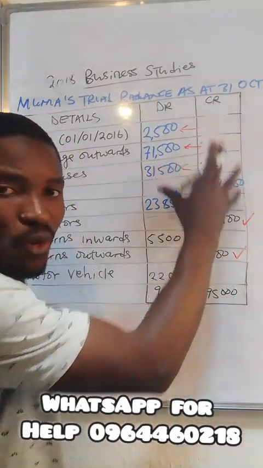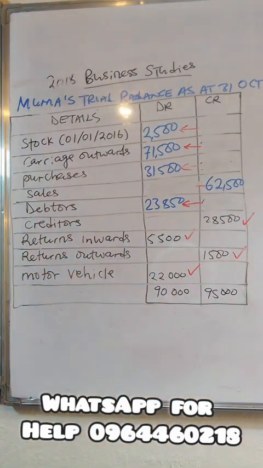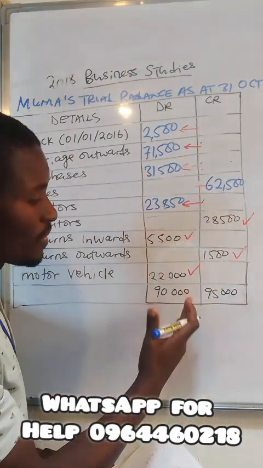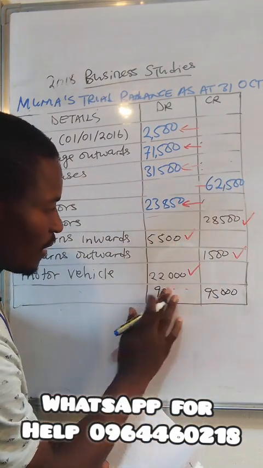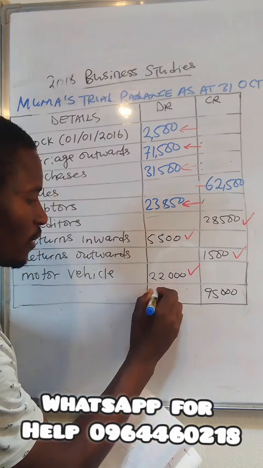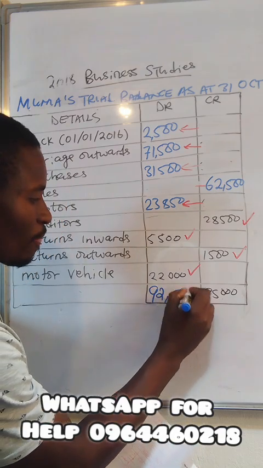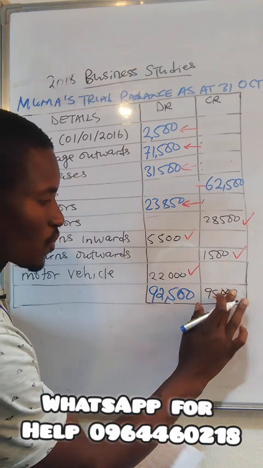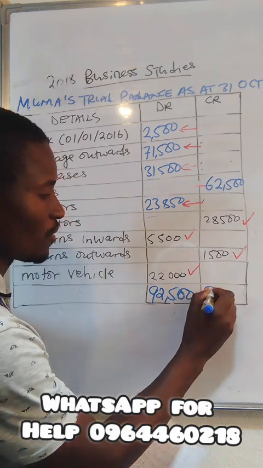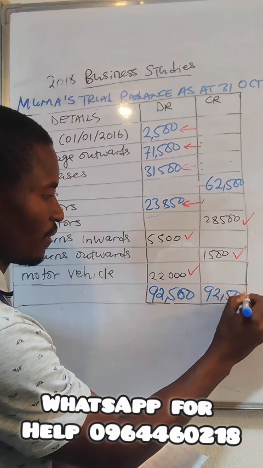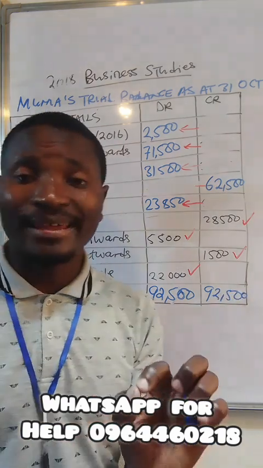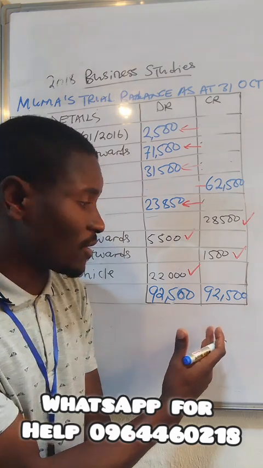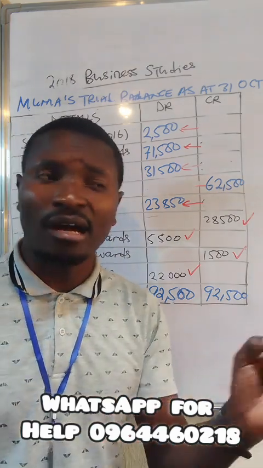Now, once you add what is on the debit side, you'll discover that you are going to have 92,500, and this one is also going to be 92,500.